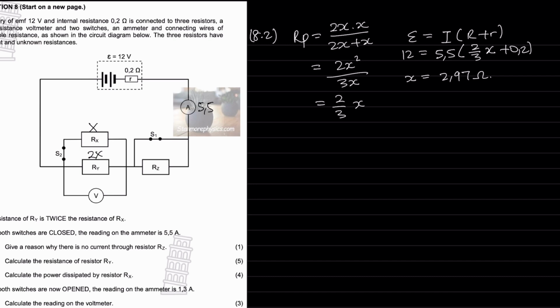So that means that this resistor Rx is 2,97 ohms. That means that Ry is going to be double that, which is going to be 5,95 ohms. Let's just make a note of it quickly. So right here, 5,95 ohms. Okay, let's move on to question 8.3.